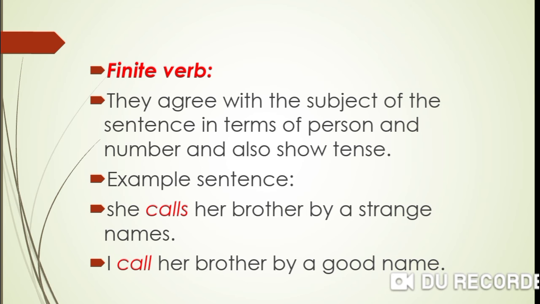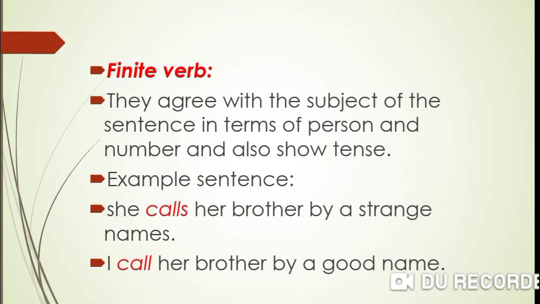So she calls, the subject is she, and that is third person singular. But when the subject is changed from she to I, you can see the form of the verb is changed from fifth form to first form. So in case of third person singular, she, he, any name, or it, this, that, we always use the fifth form of the verb.